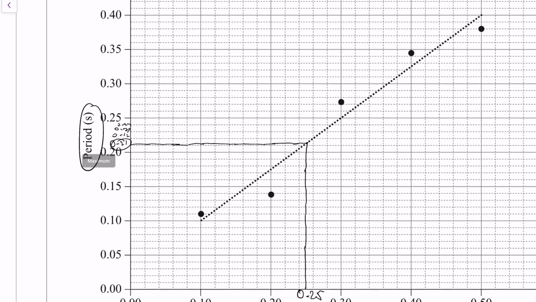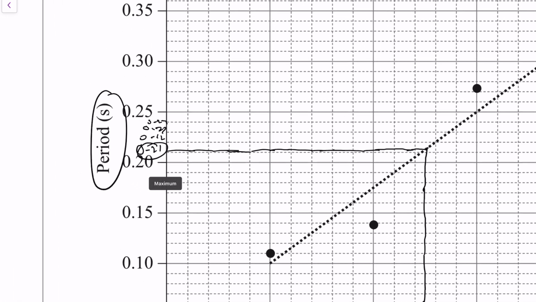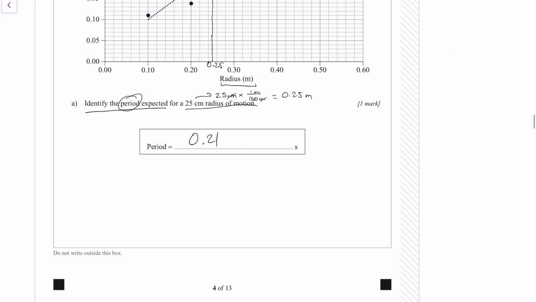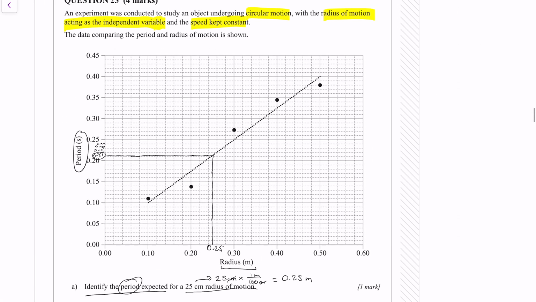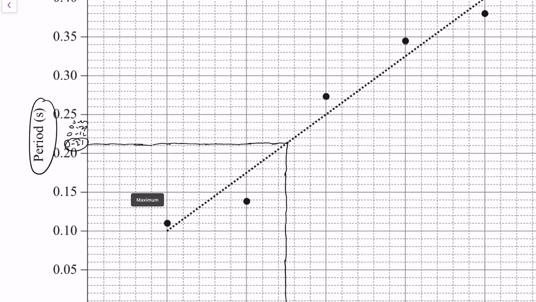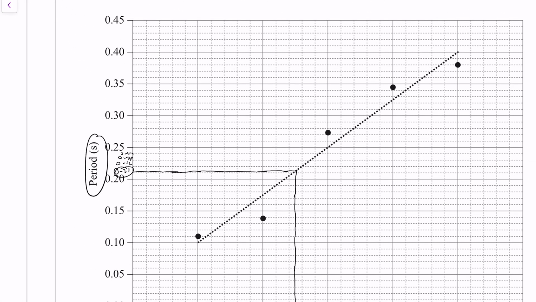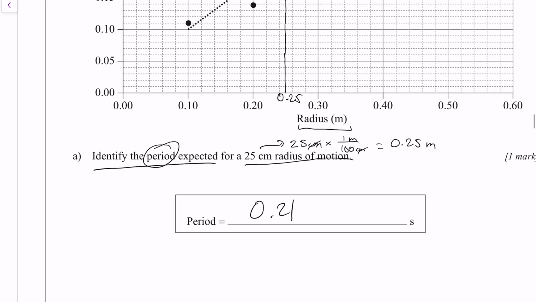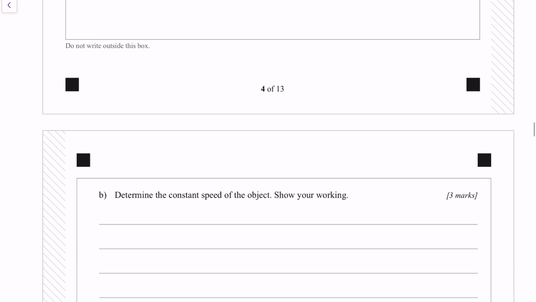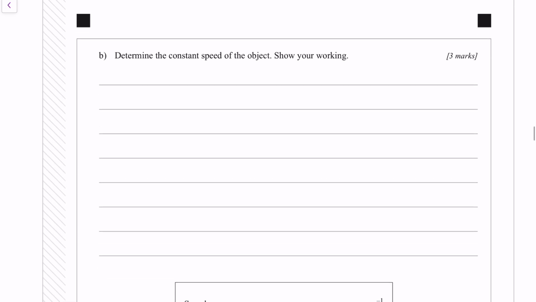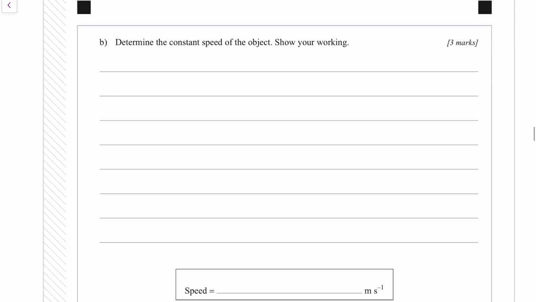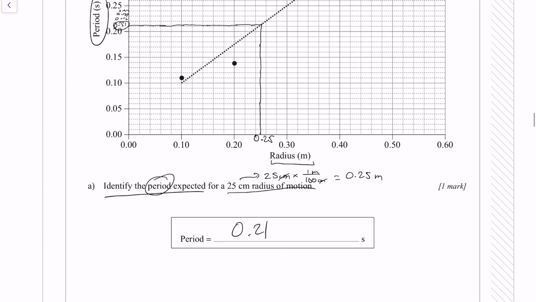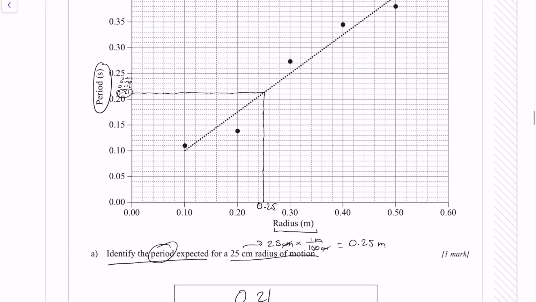All right, so say that, for example, for whatever reason you chose this value as 0.22 seconds. Okay, you might lose that mark, but the marker knows on the graph how you got that mistake. Okay, so maybe you write 0.22 here. All right, for example, the marker can be more lenient towards you and give you full marks for part B if you need to use stuff from part A. Okay, for example.